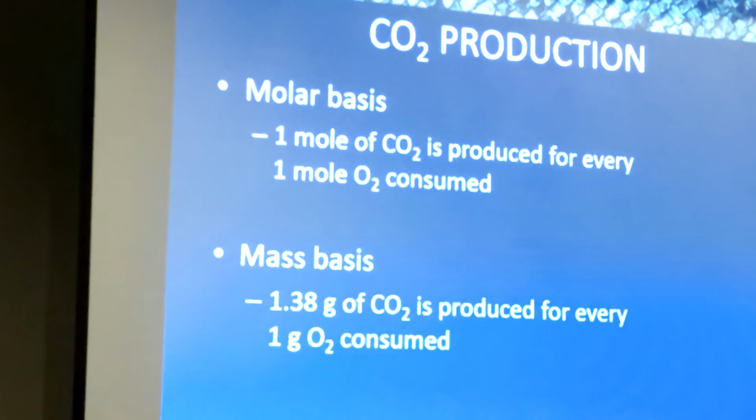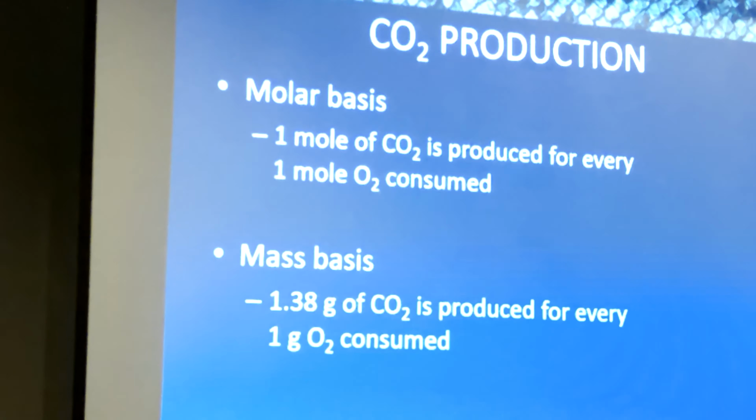So this is, as Mike Timmons mentioned, for every mole of oxygen that is consumed, you produce 1 mole of CO2. So it's just 1 molar exchange, whether it's across gills or what. On a mass basis, that turns out to be 1.38 grams of CO2 produced for every gram of oxygen consumed.